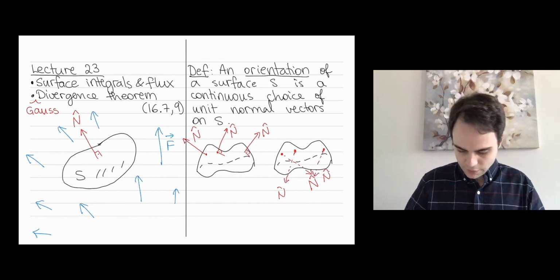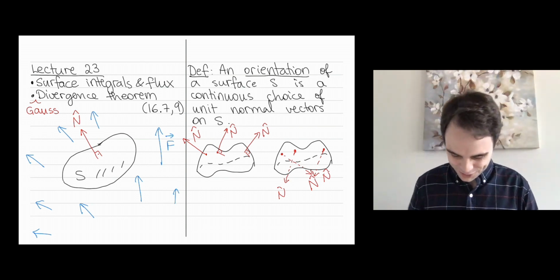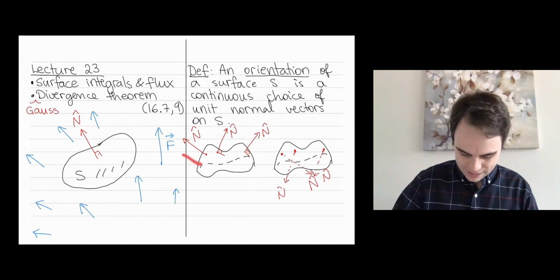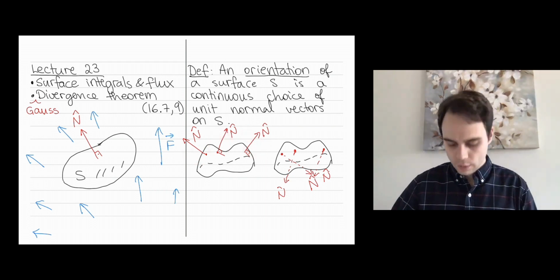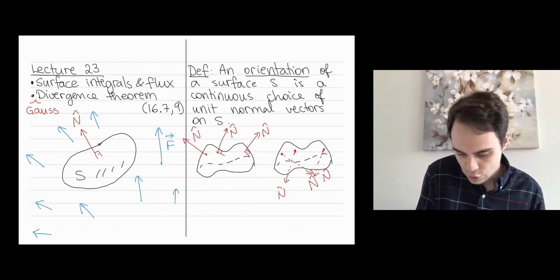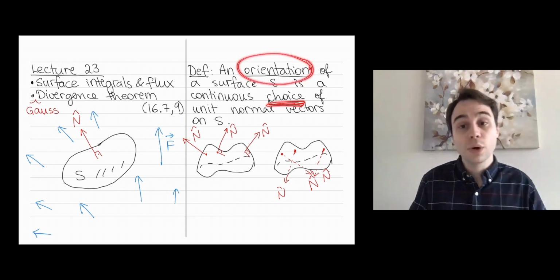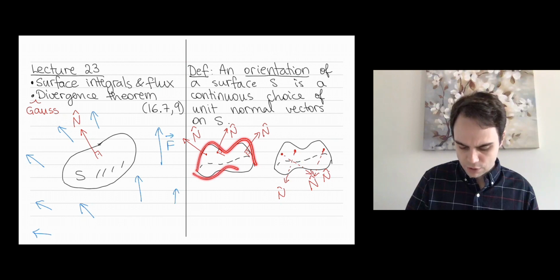Okay, this picture is probably the worst picture I've seen. The picture in the notes is a little bit better, but the point is that either you choose the normals that point up or you choose the normals that point down. So in effect, this choice here is the orientation. What you're doing is choosing one of the sides of the surface, right?